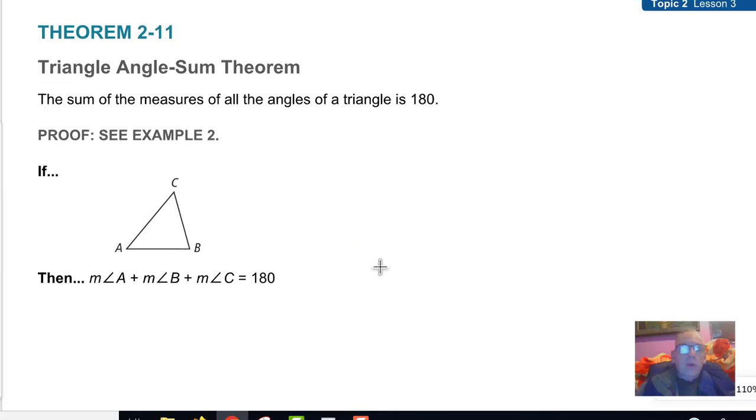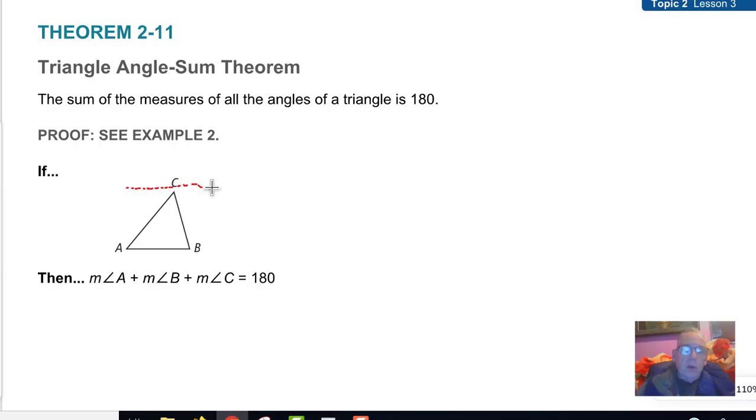We have another theorem, theorem 211, the triangle sum theorem. The sum of all measures of a triangle is 180 degrees. Now for the proof, they say, see example 2. We can prove this pretty easily, pretty quickly, hopefully.